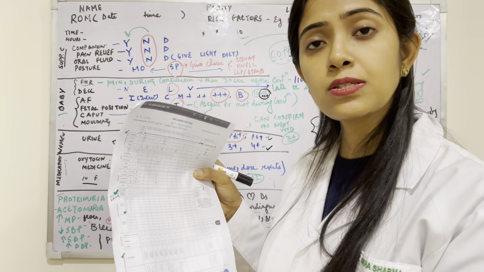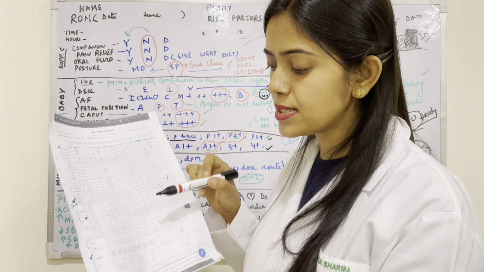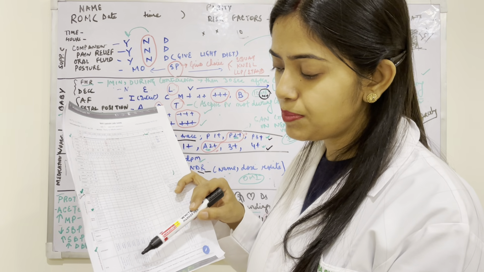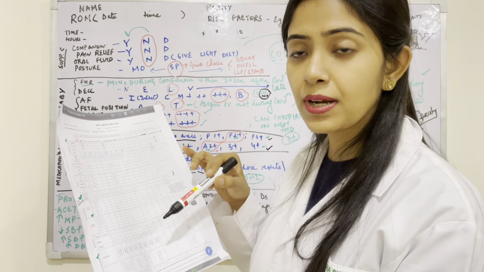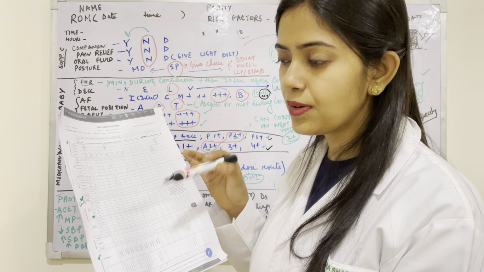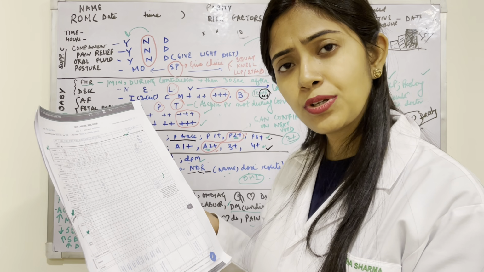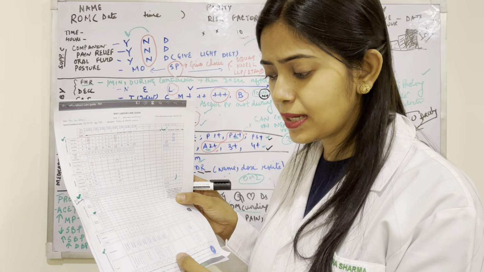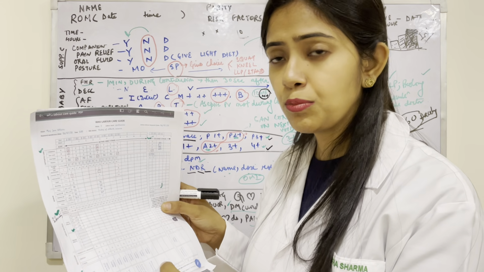And if everything is going well, you just have to see the assessment is normal progress, and the plan, every 2 hourly you have to write the plan, every hourly you have to write the assessment. So 2 hourly, if everything is okay, you say continue as it is, continue the routine monitoring of labor. That is going to be the plan. If at a point you feel that there is need for ARM, the plan would be ARM.